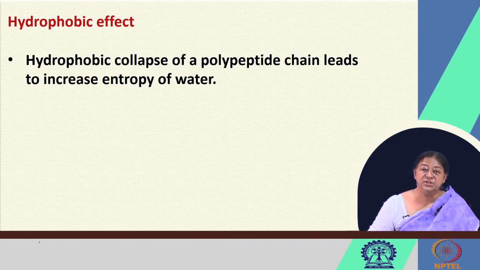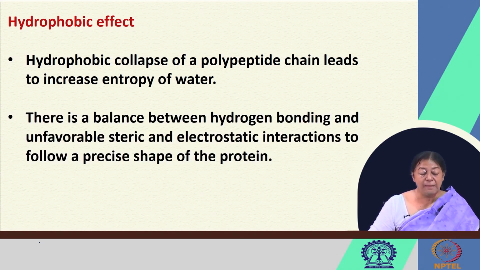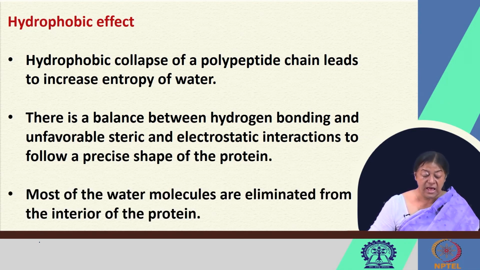And in addition to what happens to the core of the protein, there are these hydrophobic amino acid residues that tend to move away from the surface of the protein. So, there is a balance between the hydrogen bonding and the unfavorable steric and electrostatic interactions that follows the precise shape of the protein, and most of the water molecules in this case are eliminated from the interior of the protein.